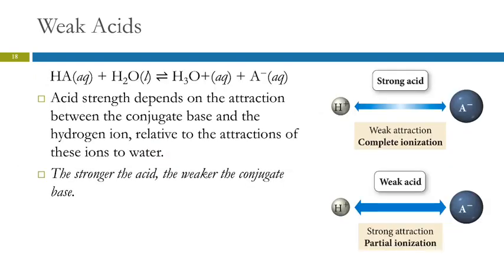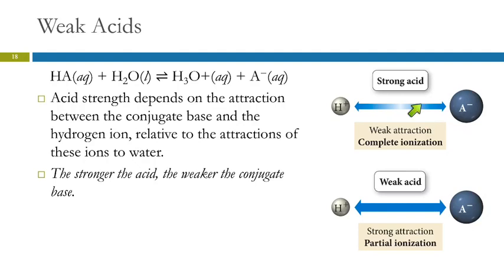So how strong an acid is depends on the attraction between the conjugate base and the hydrogen ion relative to the attractions of those ions to water. So if you have a strong acid, there is a very weak attraction between the hydrogen ion and the anion, the conjugate base.